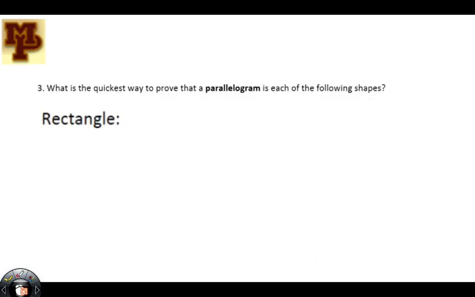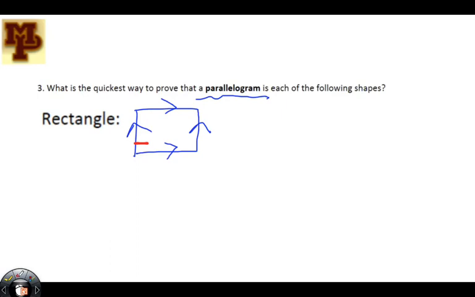Alright, next, let's see what we got here. Let's say we already know that it's a parallelogram and we're trying to figure out if it's a rectangle. What's the quickest way? Now there's some debate on this. If you already know it's a parallelogram, then you already have parallel and you have parallel, right? Now what you want to do is show that it's a rectangle.